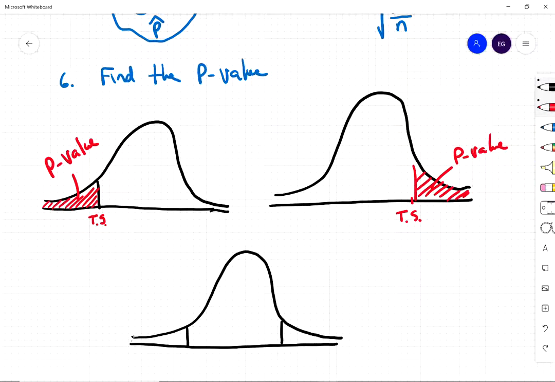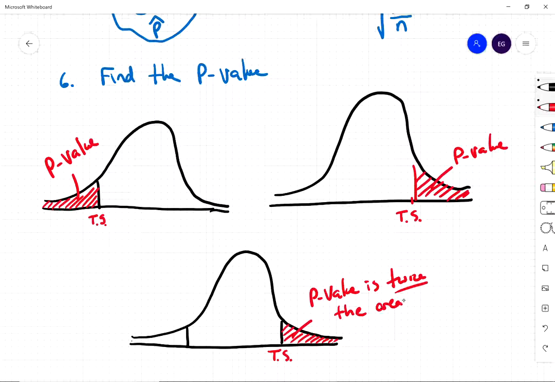If it's on the left, we look at the area on the left. So let's say the test statistic is right here. We could find the area, again, outside of that z-score. And then the p-value is twice this area. So you double it.